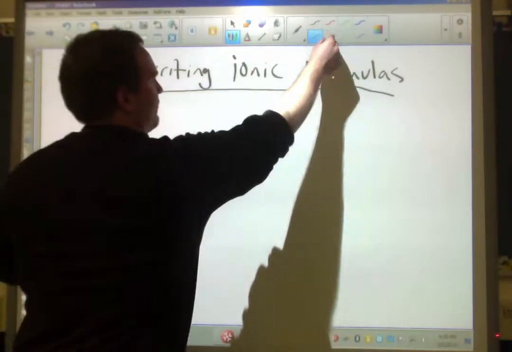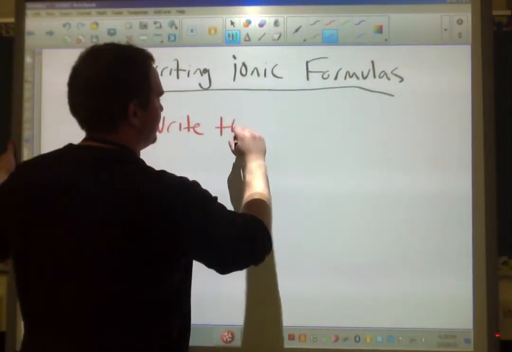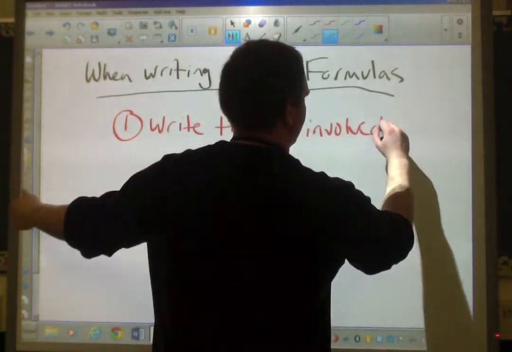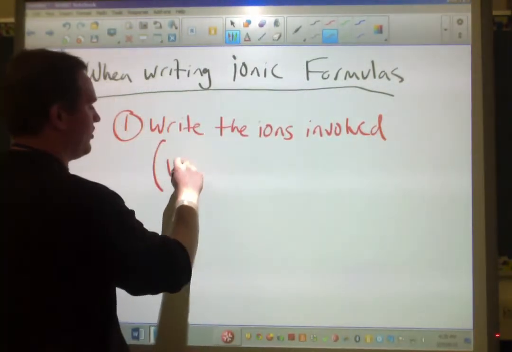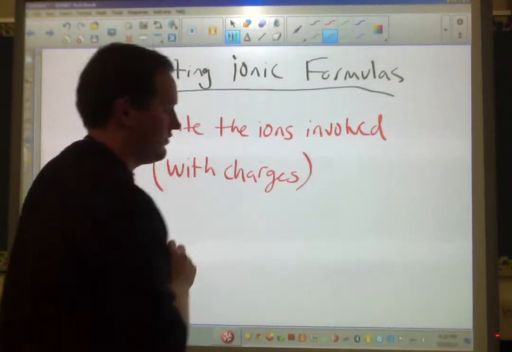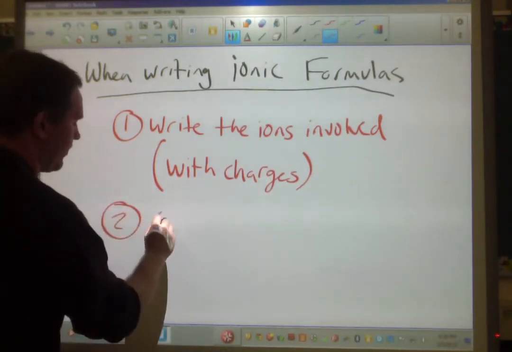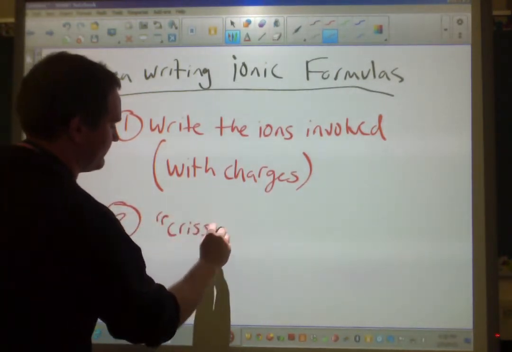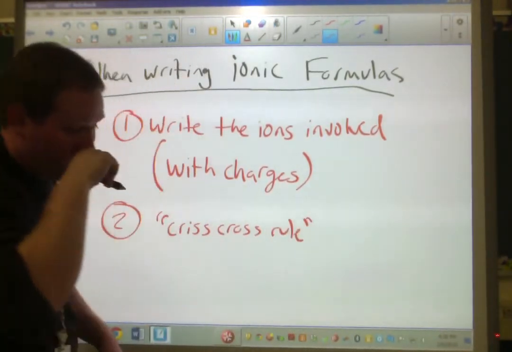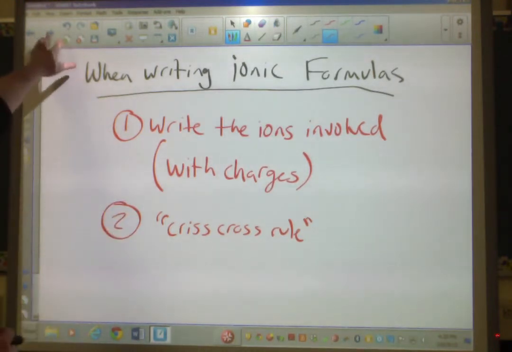The first step, write the ions involved with charges. Okay. Step 2, what I call the Crisscross Rule, in which you're actually going to write what the formula is. Okay, and we'll get to that in just a minute.